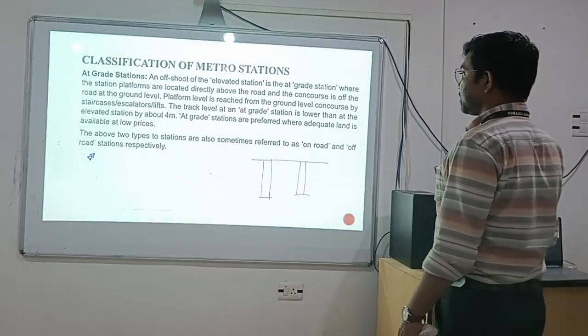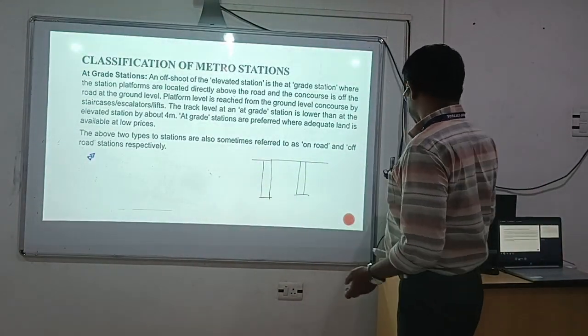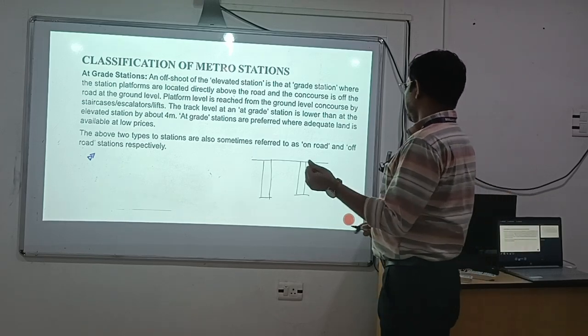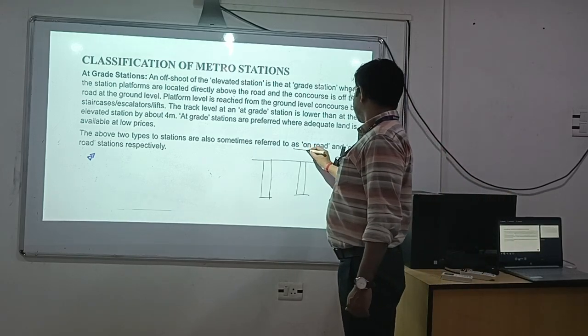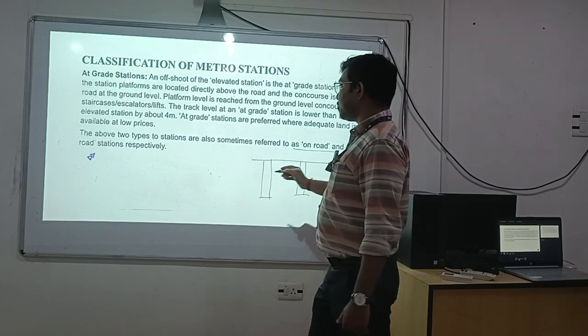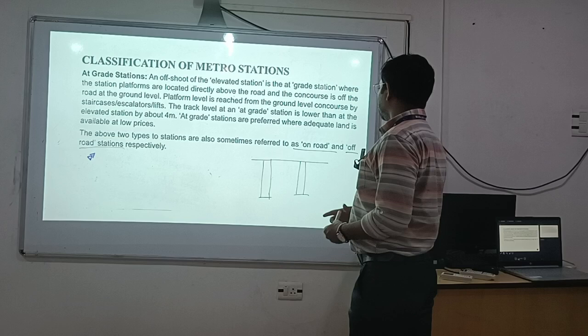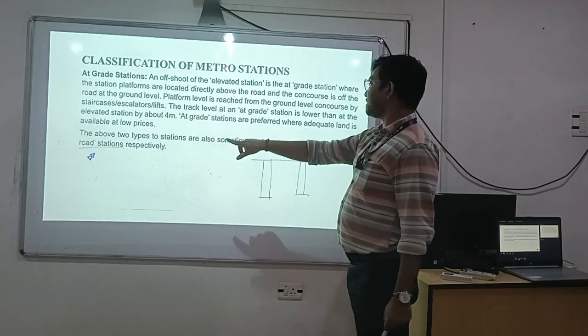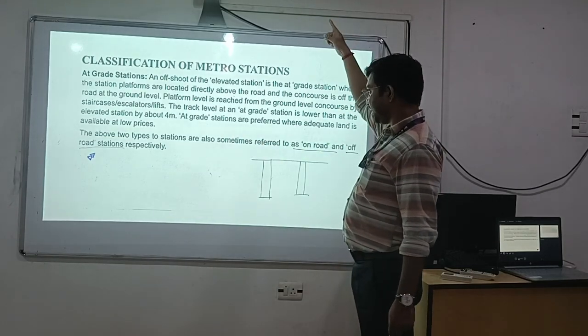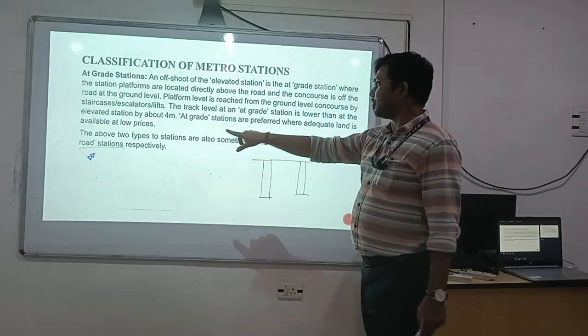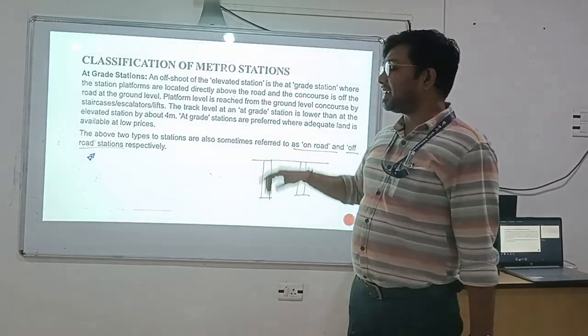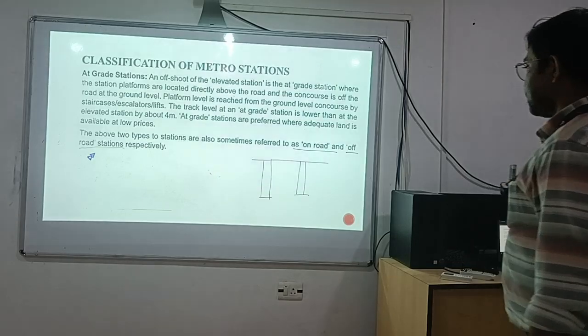The other 2 types of stations are sometimes referred to as on-road and off-road station. These 2 terms are very important. On-road station is the elevated kind of station, and off-road station is the at-grade kind of station.